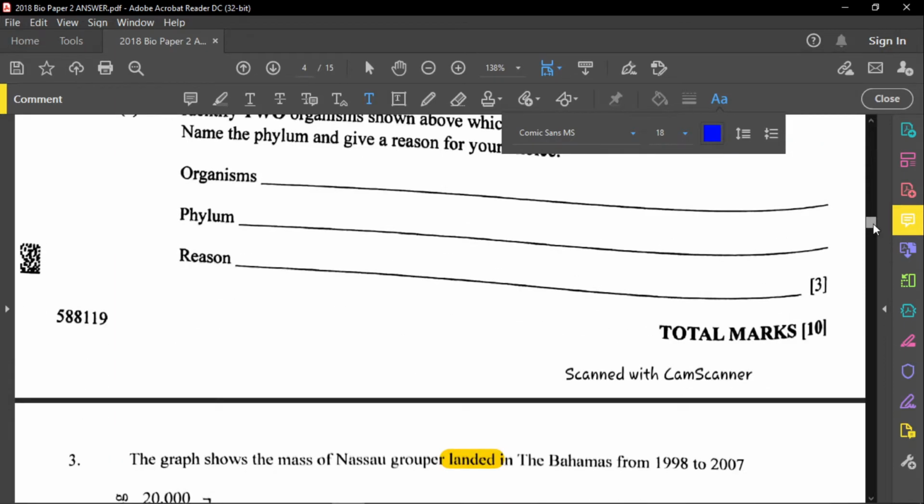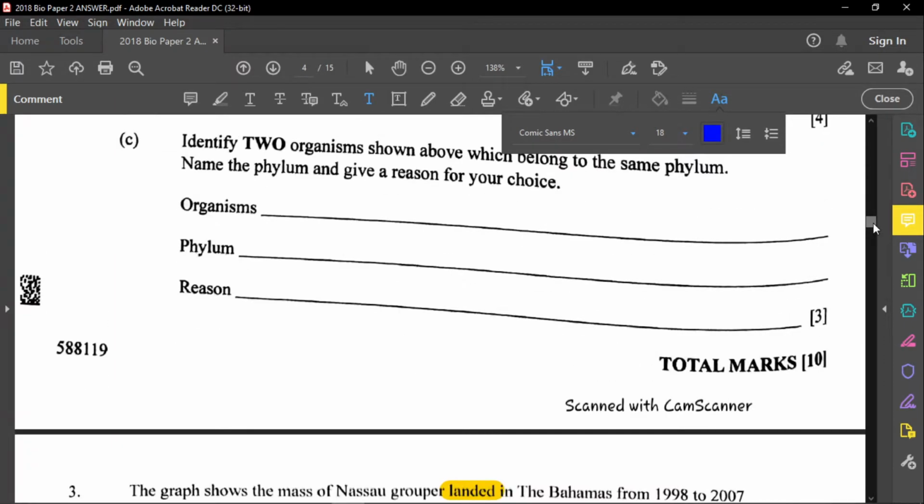Based on the previous version, you would have seen where I listed the mollusk as the phylum. So now I'm going to put it in a specific version. And so two organisms here that belong to the same group will be the periwinkle and the limpet.